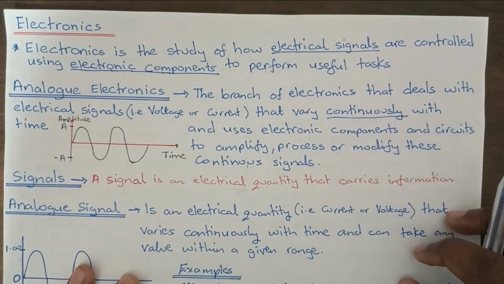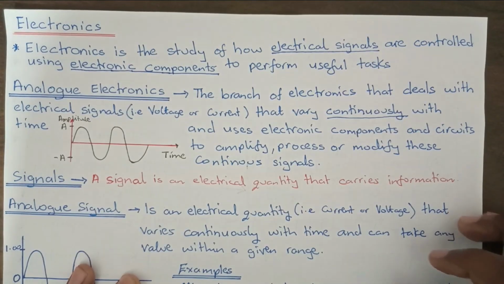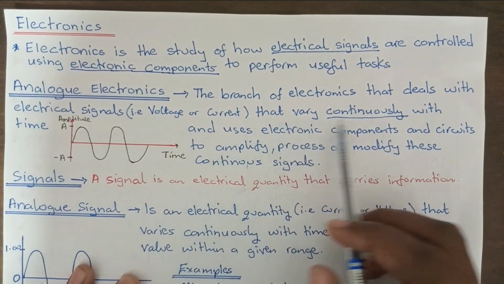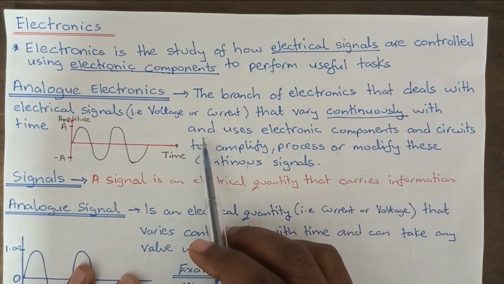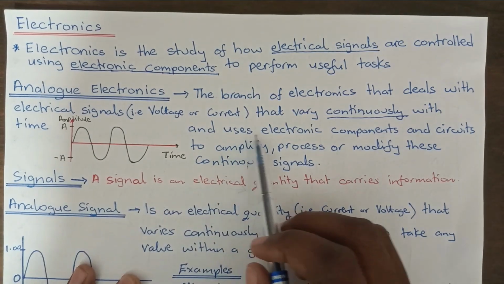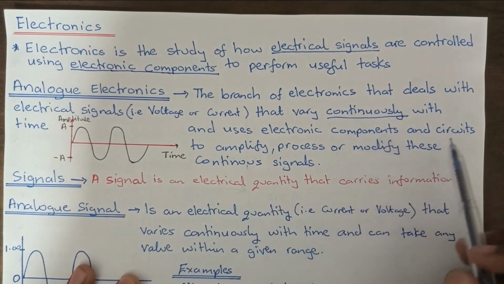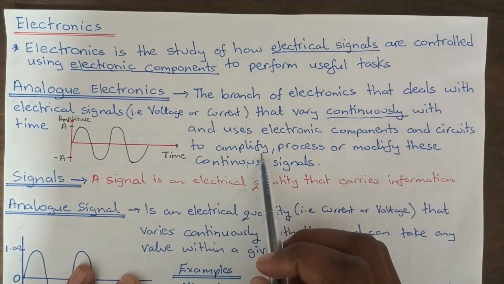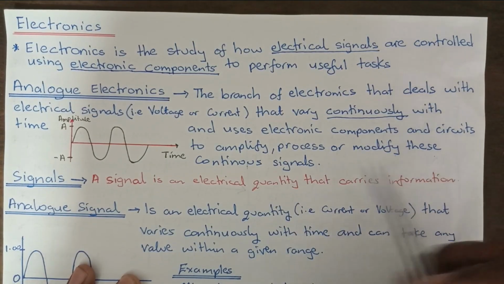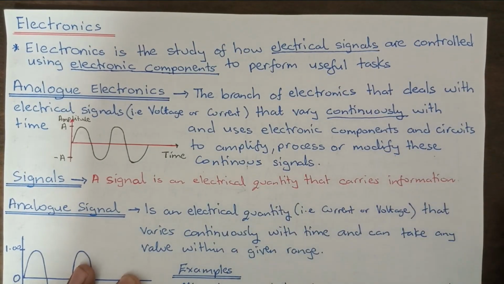Analog electronics is a branch of electronics that deals with electrical signals that vary continuously with time and uses electronic components and circuits to amplify, to process, or to modify these continuous signals.